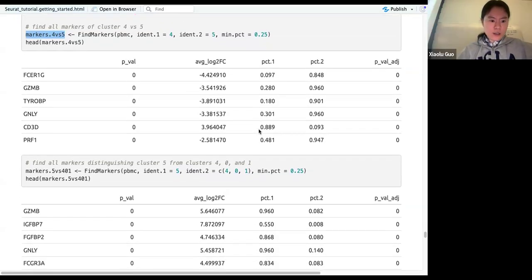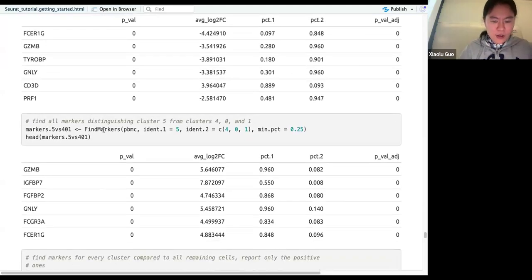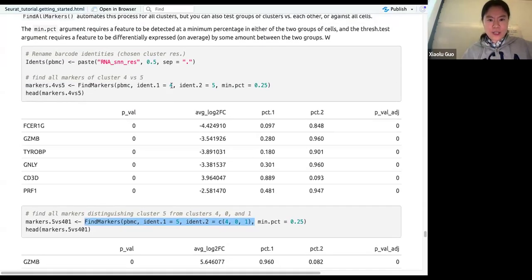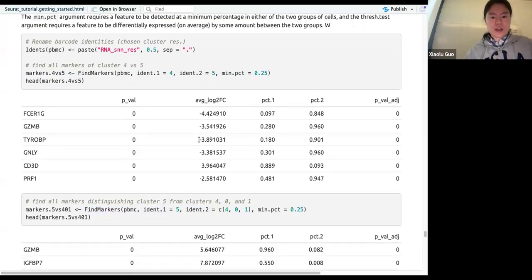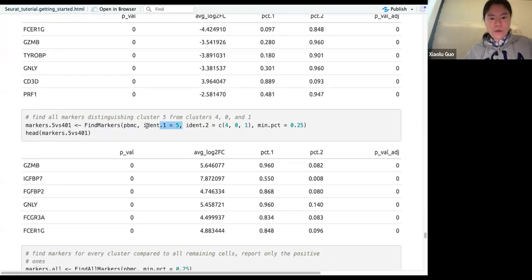What else we can do is compare not only one cluster versus another cluster for differentially expressed genes, but also one cluster versus another set of clusters, or all the rest of the clusters.